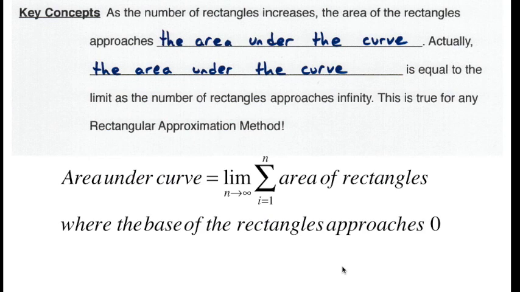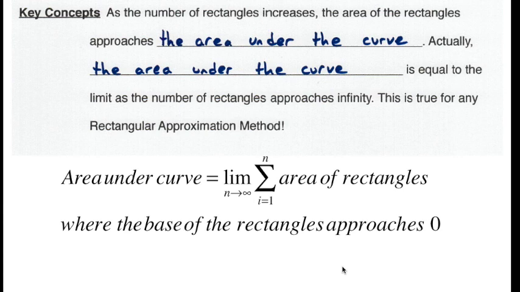The key concept here is to realize that the more rectangles we have, the more the area will look like the actual area under the curve. As the number of rectangles increases, the area of the rectangles approaches the area under the curve. Actually, the area under the curve is equal to the limit as the number of rectangles approaches infinity. This is true for any of the three rectangular approximation methods we've seen above.